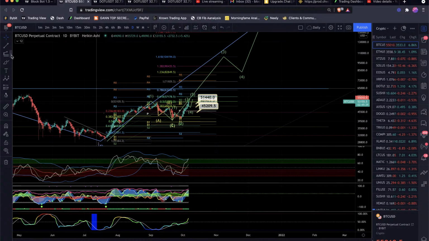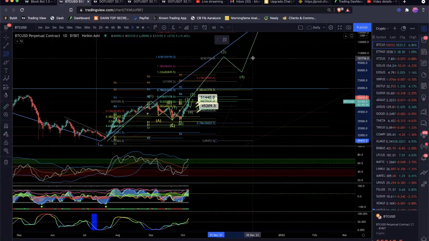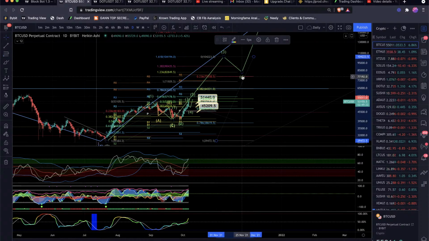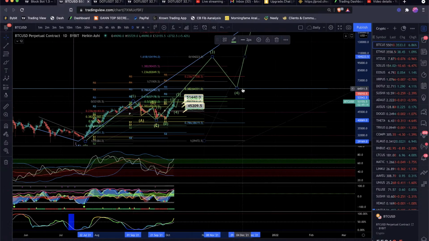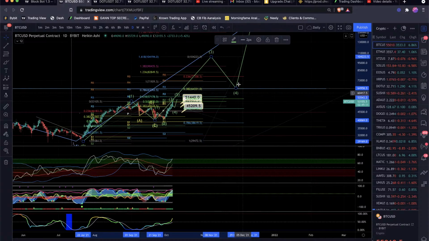And now if that's true and the fibs stay true on the macro scale, what we could be looking at is a wave 3 up here at about 104K, a pullback down to 77K, and potentially down to 64K for a pullback down to wave 4.